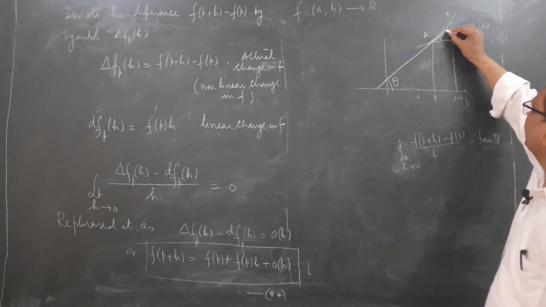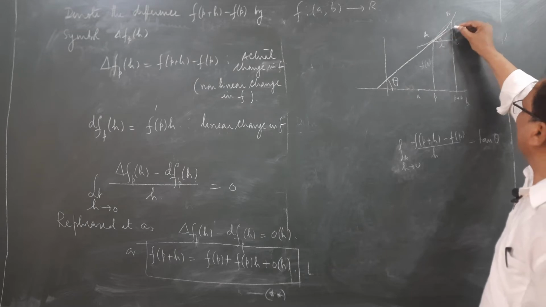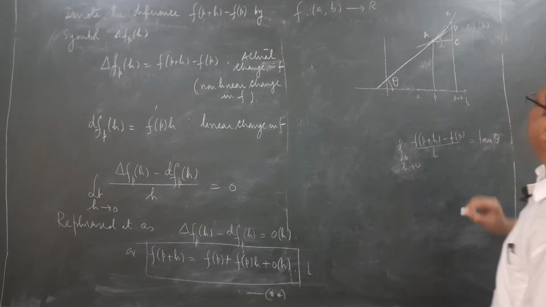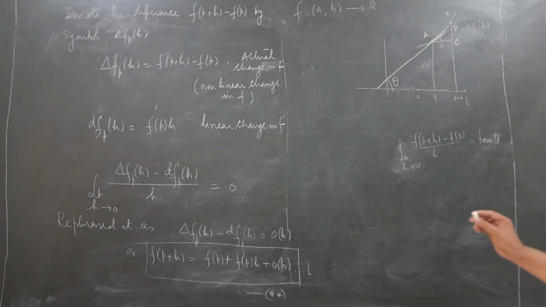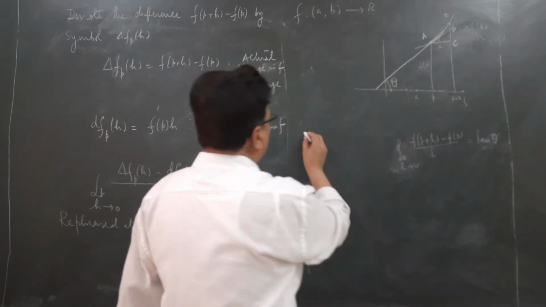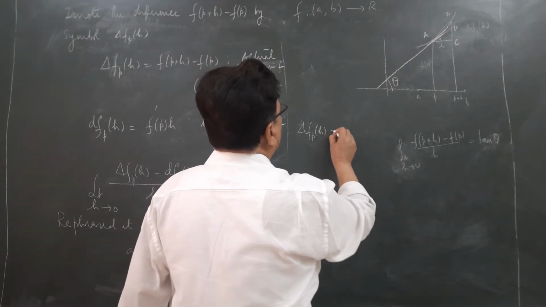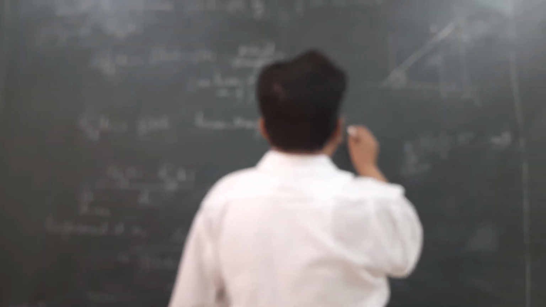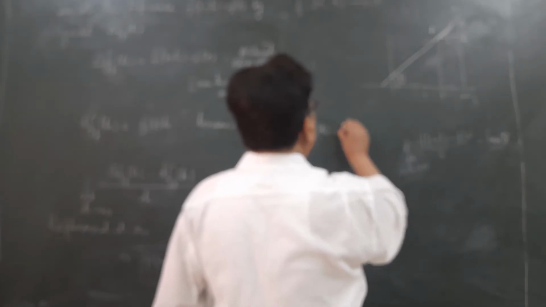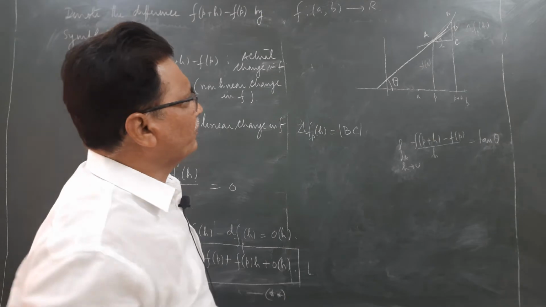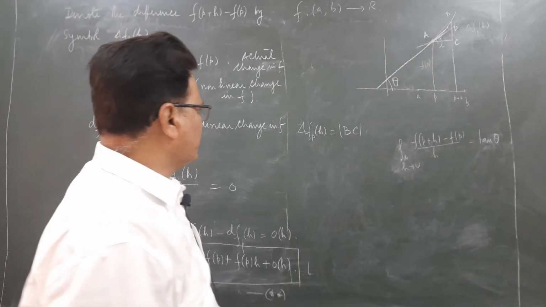Let me extend it a little further, and you may call it point D. This is C, this is B. So now you see the difference, delta f p h is how much? It is BC. f of p plus h minus f of p, you can see from the figure, it is BC.